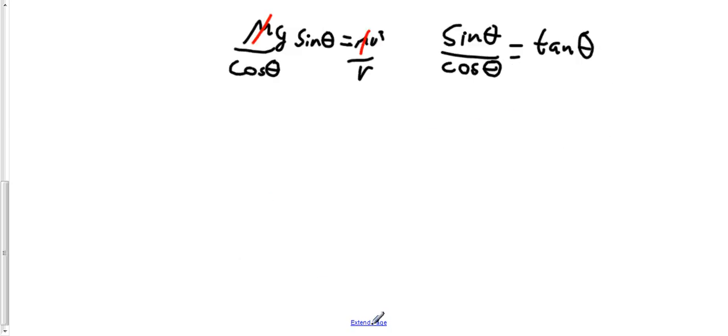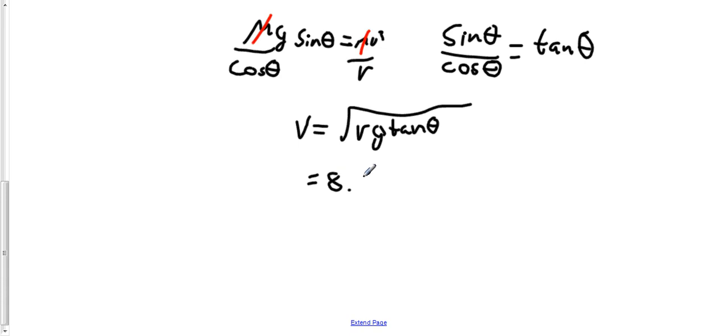I'll leave a little bit of the work to you, but for v I'm getting the square root of r g tan theta. So what does that mean? Let's plug in our numbers, and I'm getting a speed of 8.9 meters per second. So we found this speed.